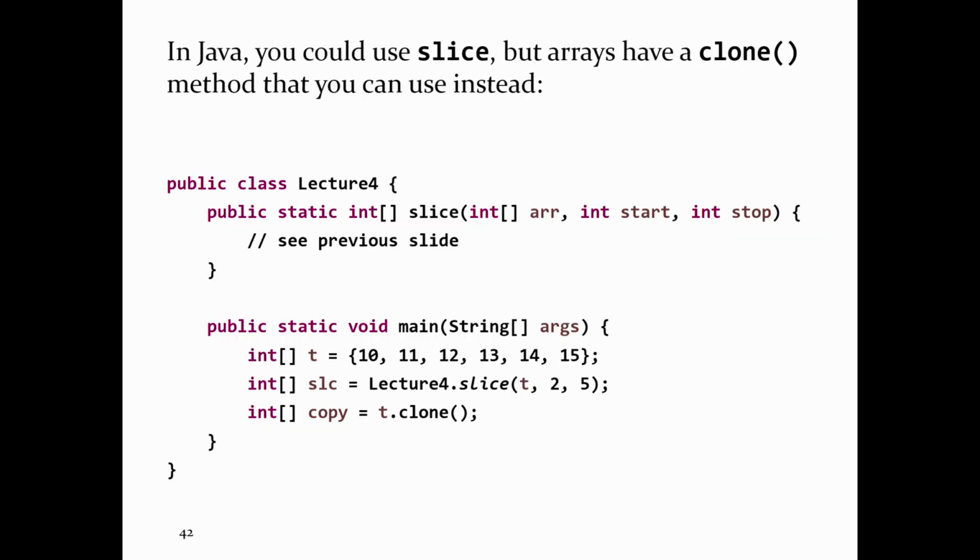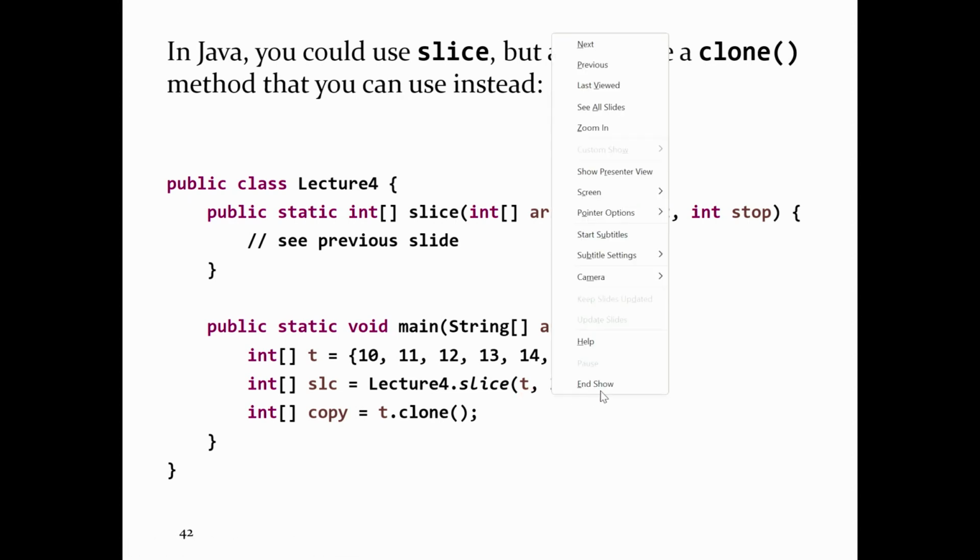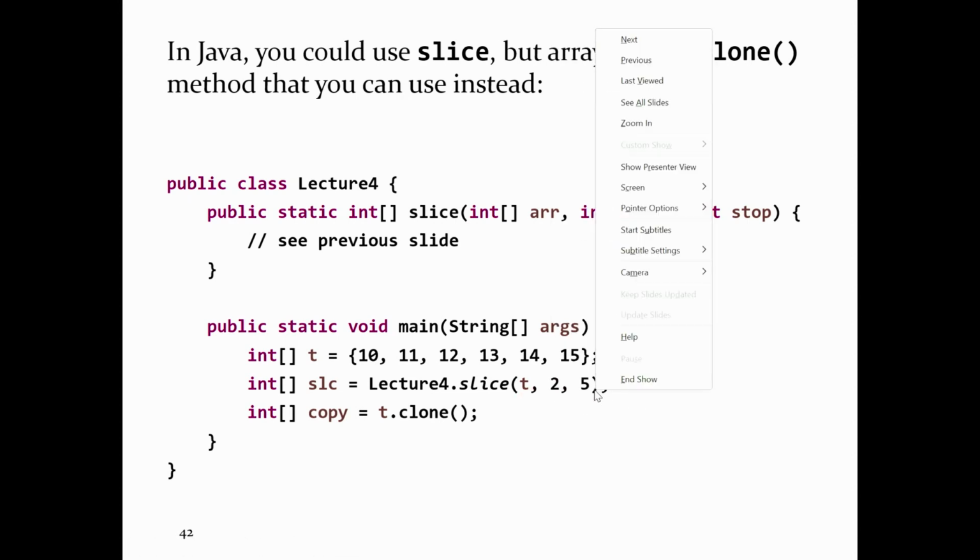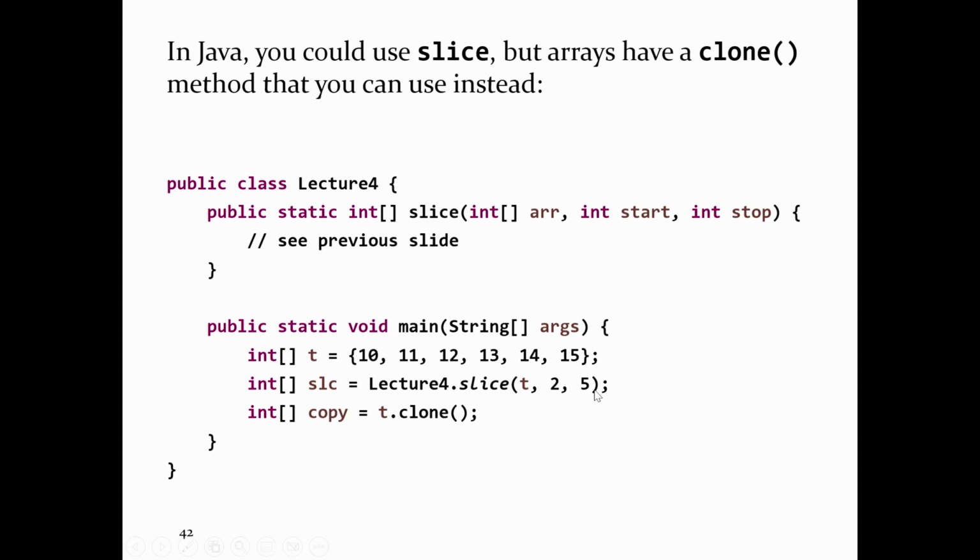I could do the exact same thing in Java. If I have this slice method kicking around, I can just slice the entire list: slice t, 0, t.length. And that would work. There's no colon, unfortunately, so I can't do that.